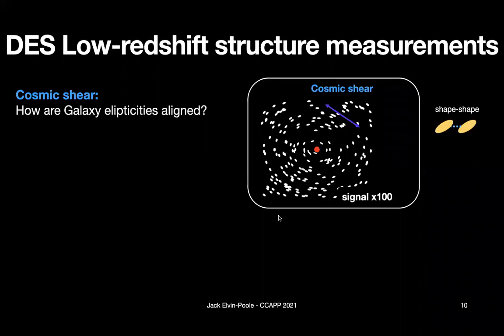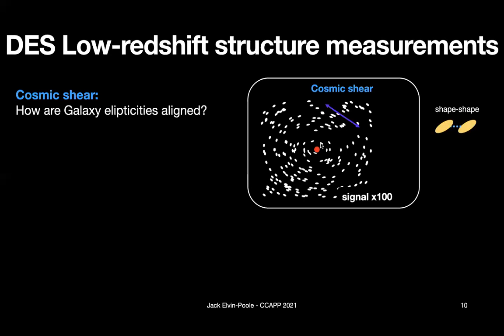So there are 3 different observables that are important to this talk. The first is cosmic shear. The little cartoon here shows these little white ellipses representing background galaxies, and the red circle represents some foreground galaxy or foreground massive structure.